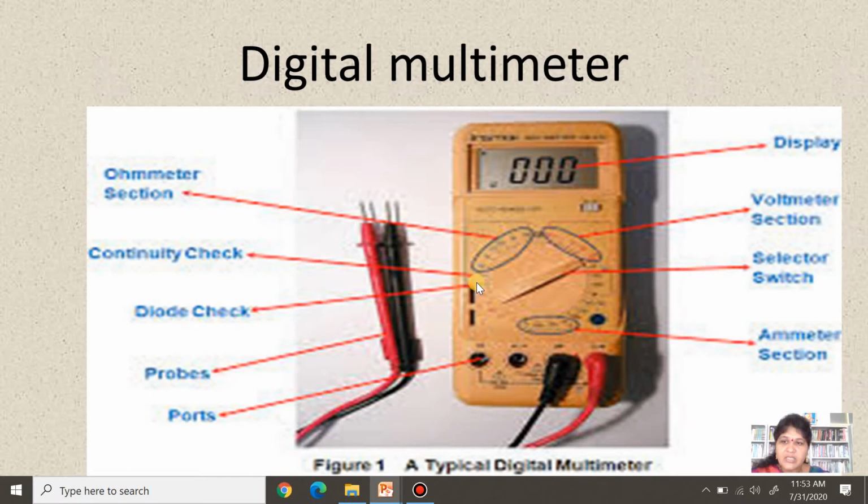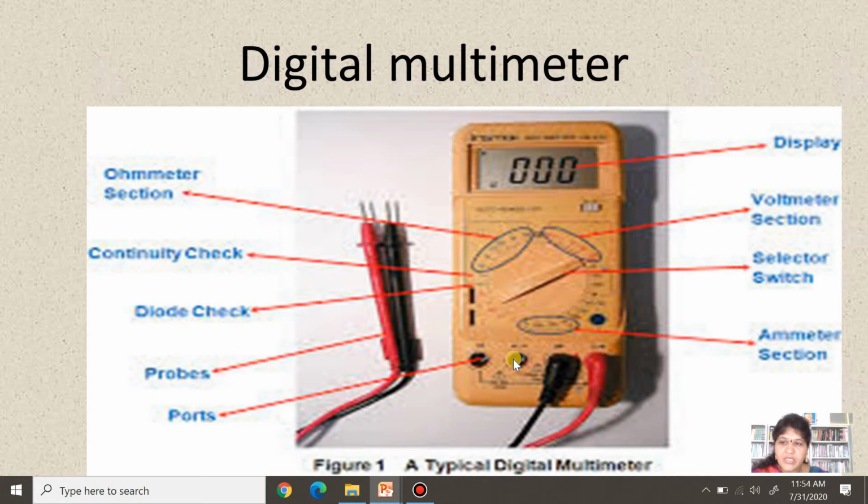Then we have the DC voltage range and AC voltage range, represented like this. Voltage will be measured in volts, current will be measured in amperes, and resistance will be measured in ohms. So we have various ranges for volts, amperes, and ohms.